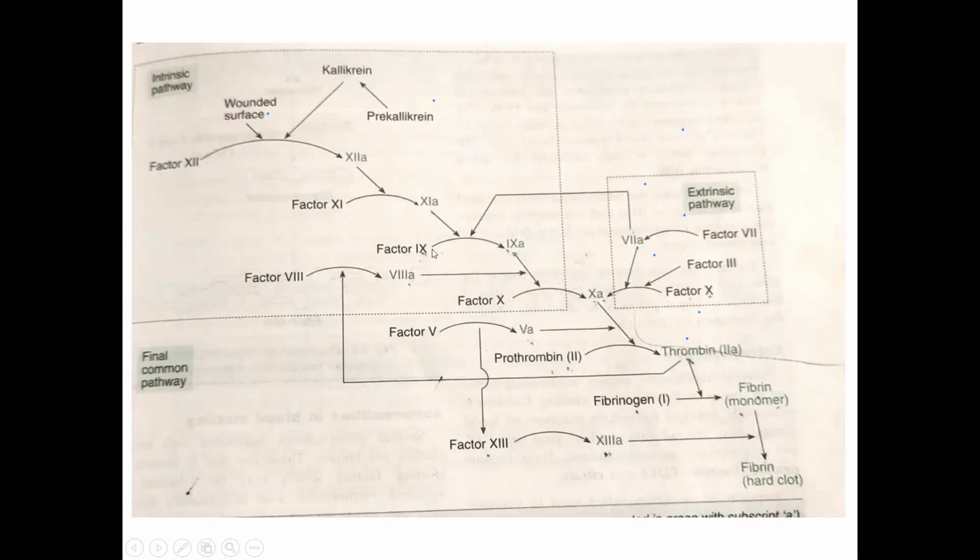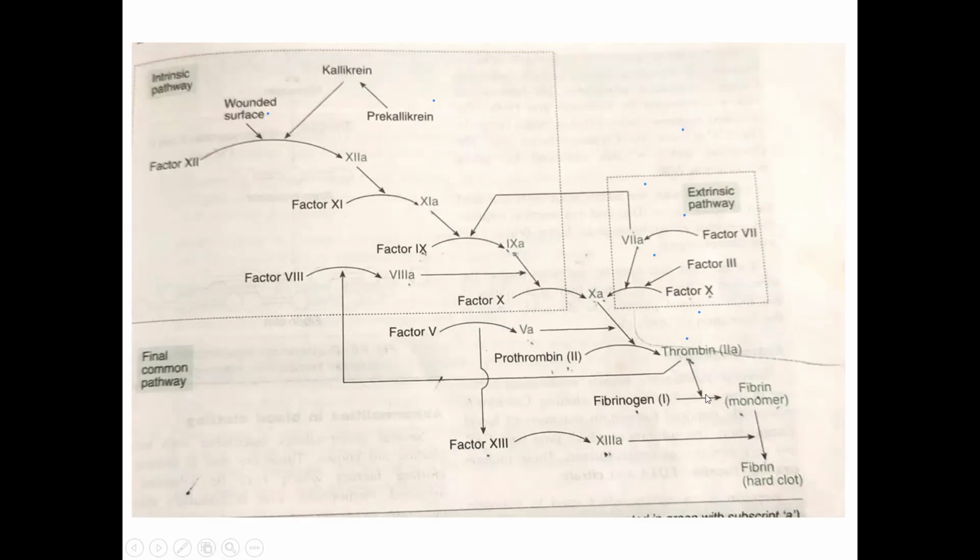During the activation of the 9th, the activated 7th A and 11th A act on the 9th to form 9th A. This 9th A converts 10th into 10th A. Here the activated 7th A, with the help of tissue thromboplastin, that is the third factor, jointly acts on the 10th factor to form prothrombin activator, that is 10th A.